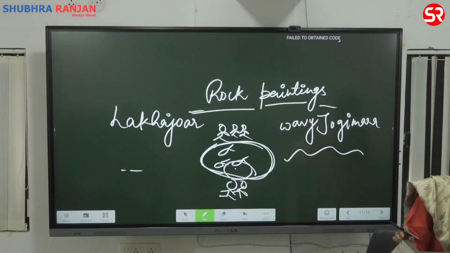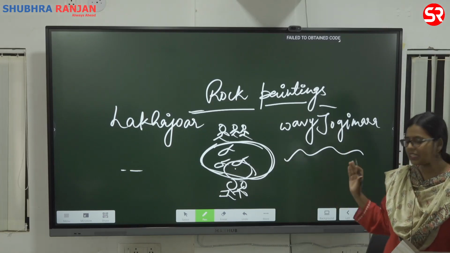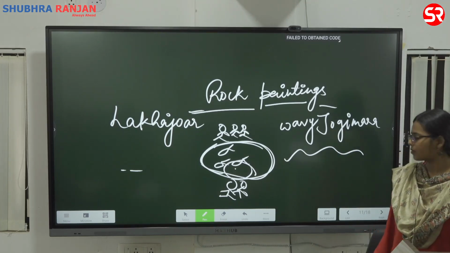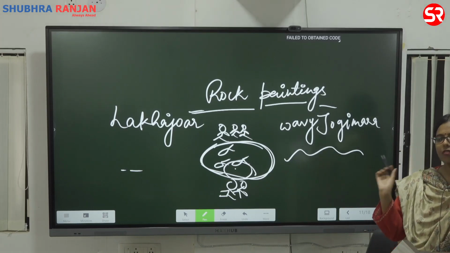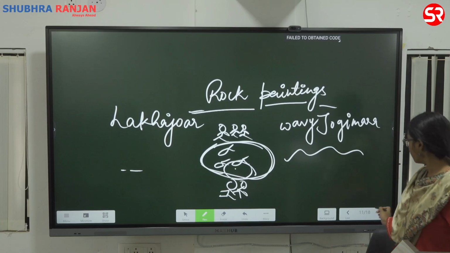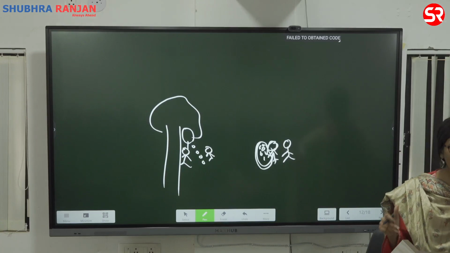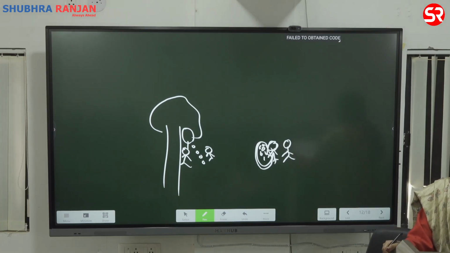क्या है हमारे पास डिटेल्स? So we have seen paintings of fishing. So in subject matter write fishing scenes, dash, use of nets. People collecting honey. So you can use these as examples when you are writing your answer. People collecting honey and monkeys grabbing it.